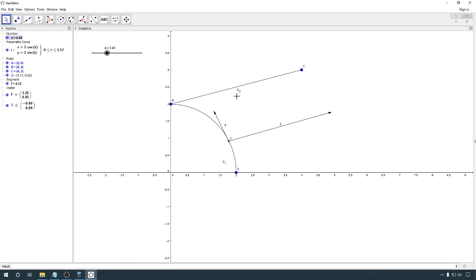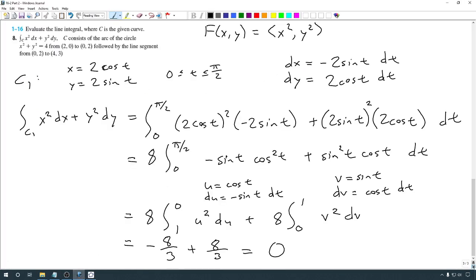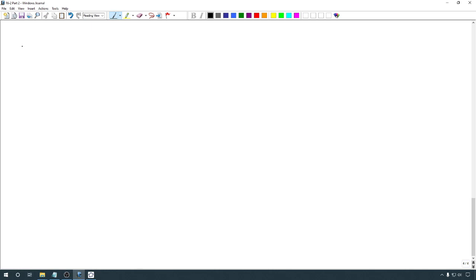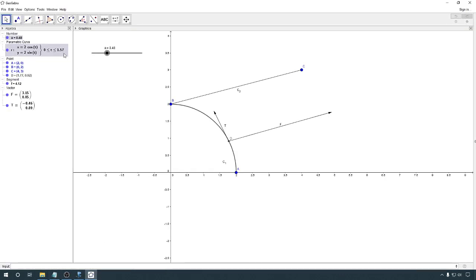Now what about C2? Things aren't going to cancel out this time, but we can still do kind of the same thing. So here C2 is just a line segment. I've actually even given names to my points.